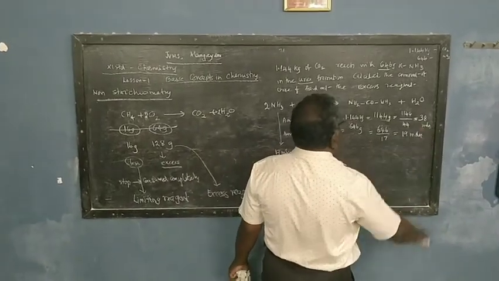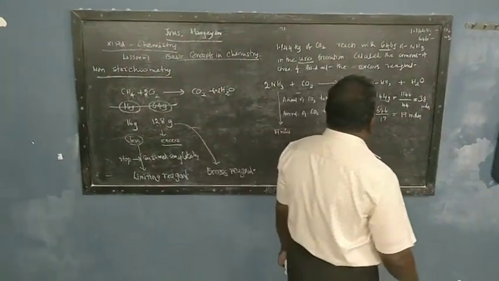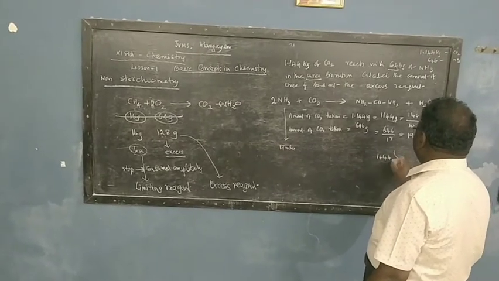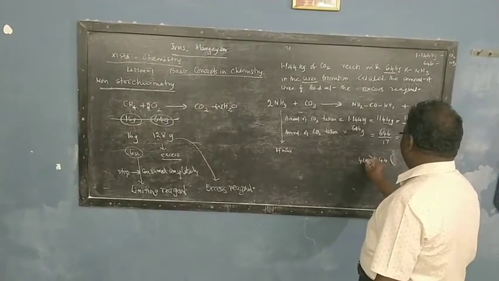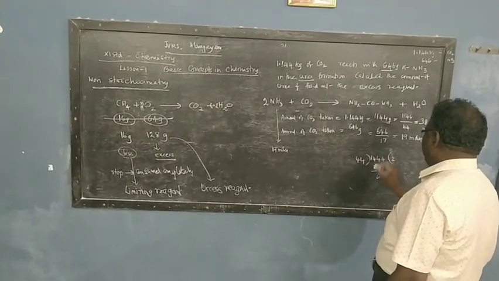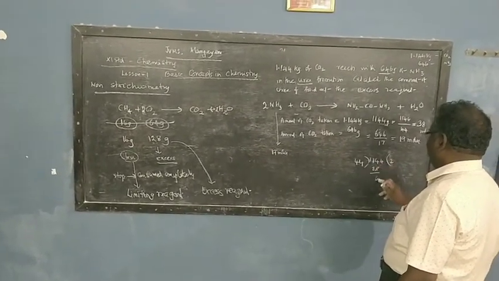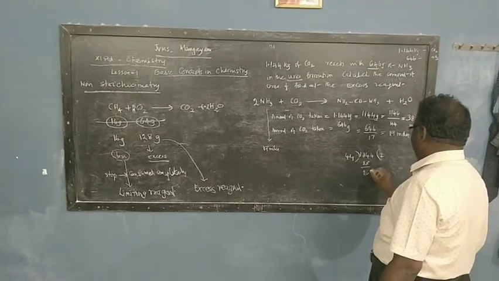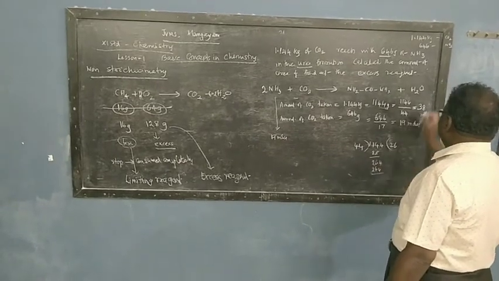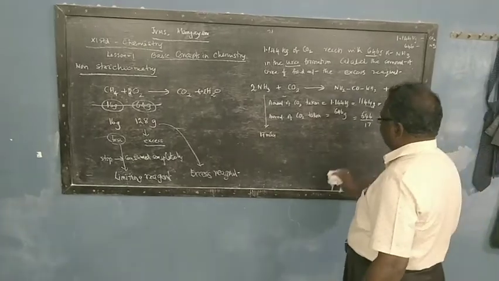In carbon dioxide, 1144 divided by 44 is 26. How many moles are there? 26 moles. Okay.